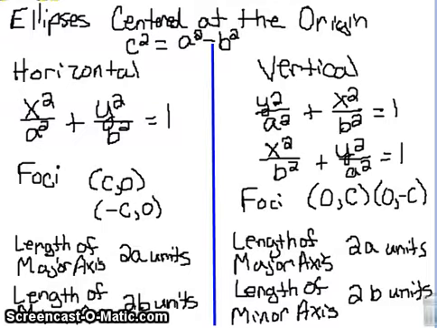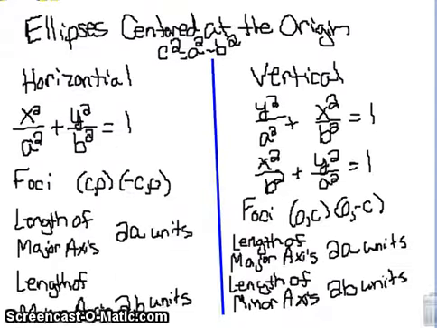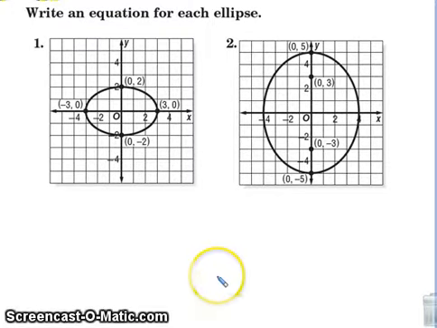So we'll finish up today. Let's look at a few ellipses and see if we can write what their equation would be. Anybody need more time, or are we okay? Alright, first we need to identify whether we have a horizontal or a vertical ellipse.